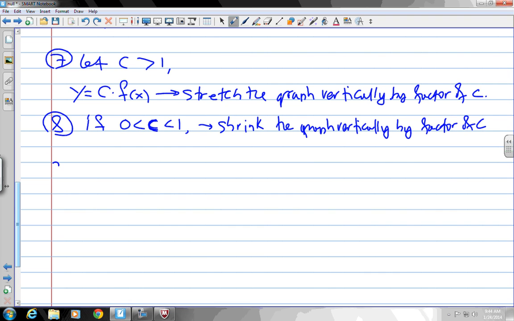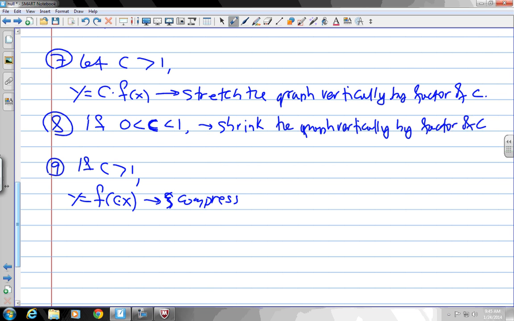So the rule number 9, again, if c is greater than 1, then to sketch f of cx, so now we're messing on the inside, we're messing with the x. So the change occurs along the horizontal axis. Everything will shrink or compress.